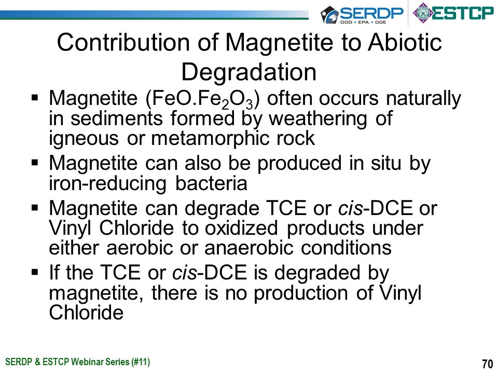Most of the magnetite I think we're going to see is stuff that naturally weathered out of igneous and metamorphic rock, but it can also be produced in situ as a product of iron-reducing bacteria. We know that magnetite can degrade these chlorinated materials to oxidized products under either aerobic or anaerobic conditions. And when it does degrade it, it doesn't go through vinyl chloride.